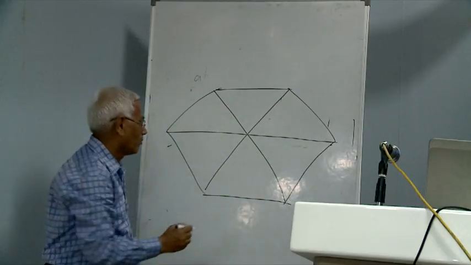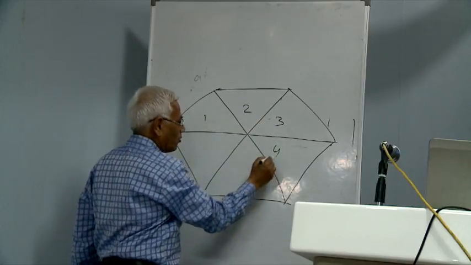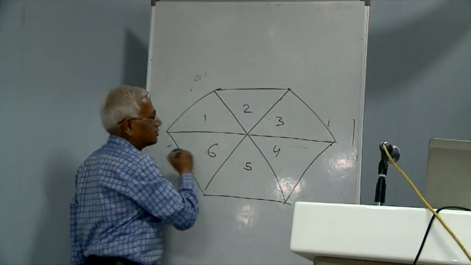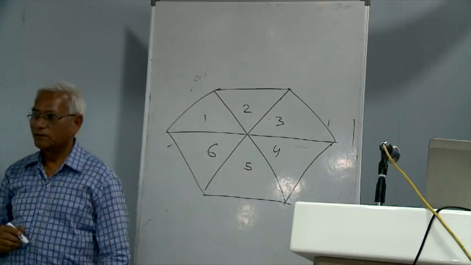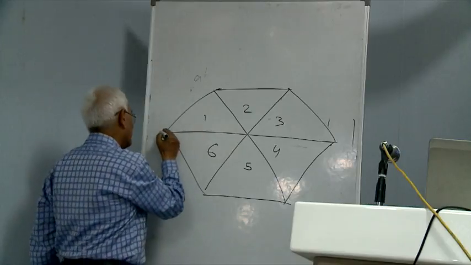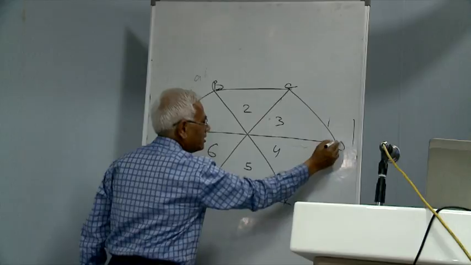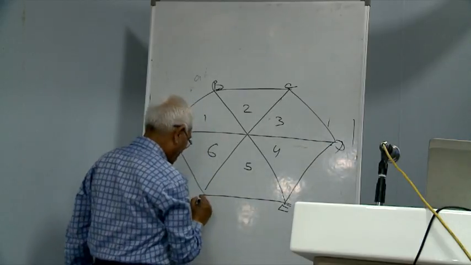See, 1, 2, 3, 4, 5, 6. I say A, B, C, D, E, and F.